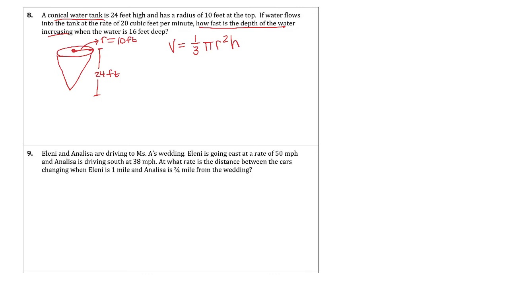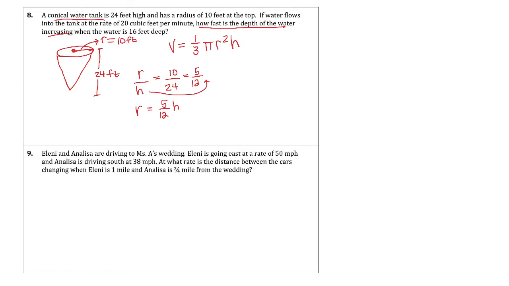Over here, we know that the relationship of R to H is going to be 10 to 24, and that can reduce down to 5 to 12. And so we could say R is really equal to 5 over 12 times H. If I wanted to move H over here, I would multiply it.